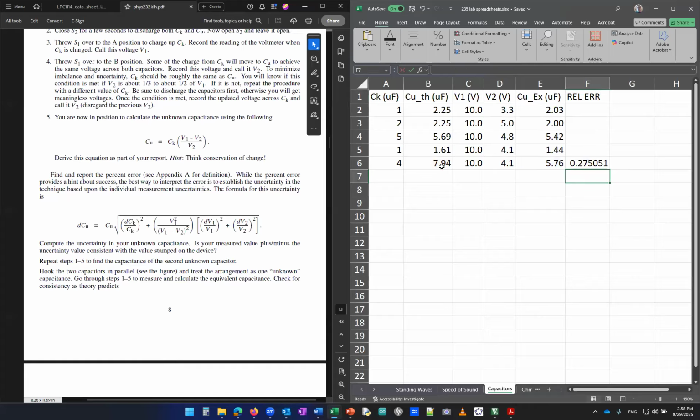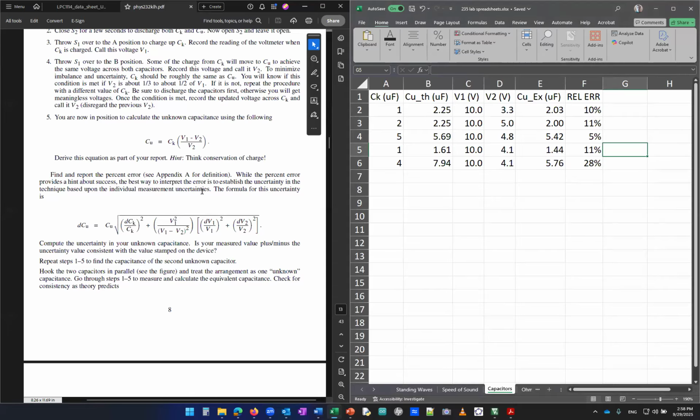So that gives you a small value. Well, this time actually not this small. And I want to give it a percent style. So 28%, that's pretty high. And for all these other trials, between 5 and 11%, that is fair enough. All right, so that would be the relative error.